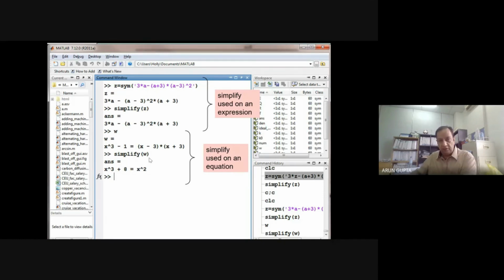You will get the answer like 3 star a minus 3 power 2 a plus 3 and 6. Okay, try in the command window and then check how your answer is coming.